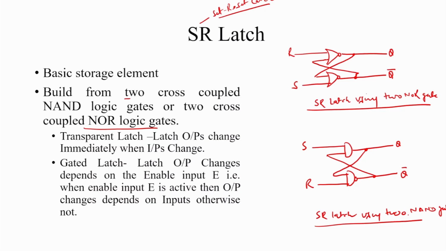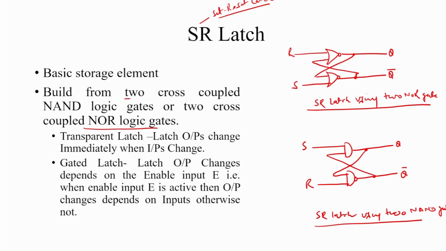Now the question is how we generate the output value, because in a latch the output is determined based on the present inputs. There are two present inputs, named S and R, and the previous state value, that is Q, because Q complement is simply its complement stored in the other output.